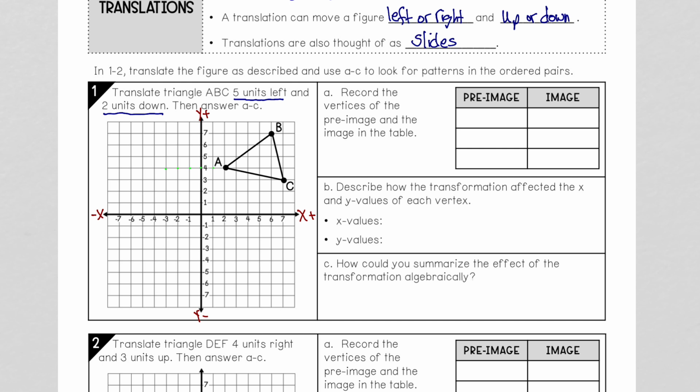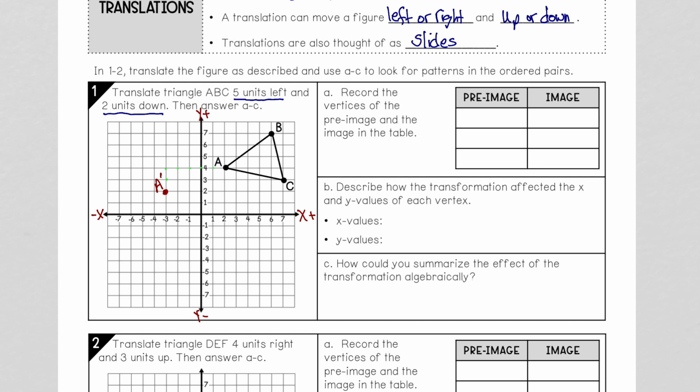And then we're going 2 units down, 1, 2. So our first prime point is right there. That's A prime, from the pre-image A to the image of A.